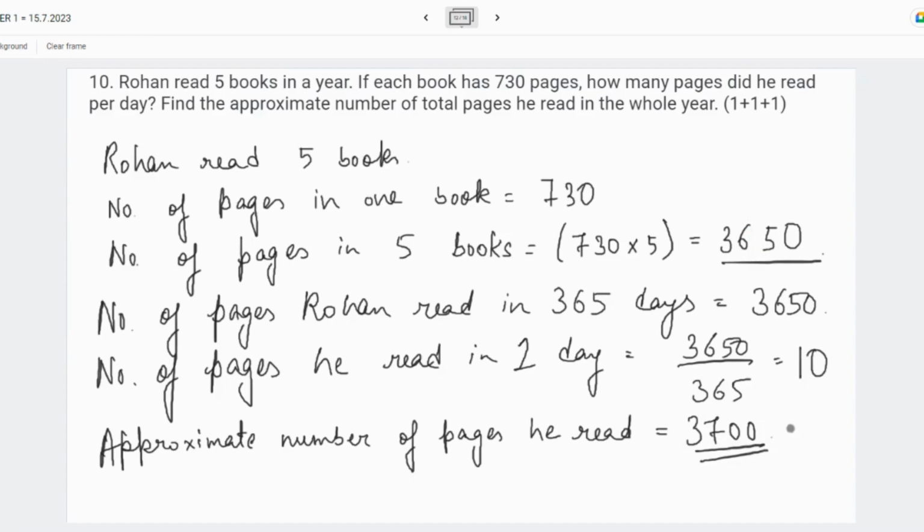So 6 is in the 100th place and 5 is in the 10th place, so we have to simply add 1 to 6. So 600 will become 700, and we get approximately 3700. 10 is the number of pages he reads per day, and 3700 is the approximate number of total pages he read in the whole year.